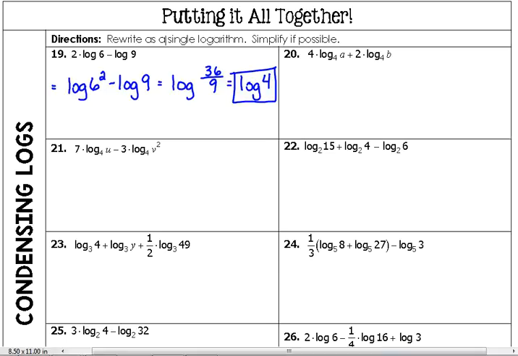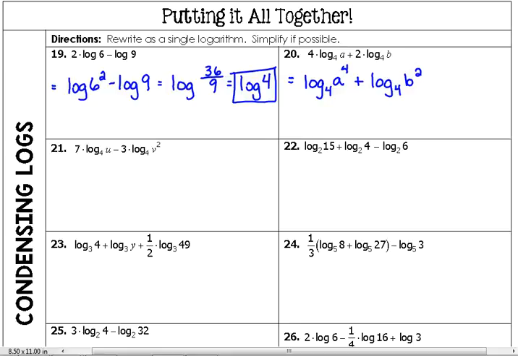Okay, number 20. 4 times the log base 4 of A plus 2 log base 4 of B. Do they have the same base? Yes, they're both base 4. But they have numbers in front, so we've got to use our power property first. You've got to move those numbers in front to become exponents on the individual logarithms.